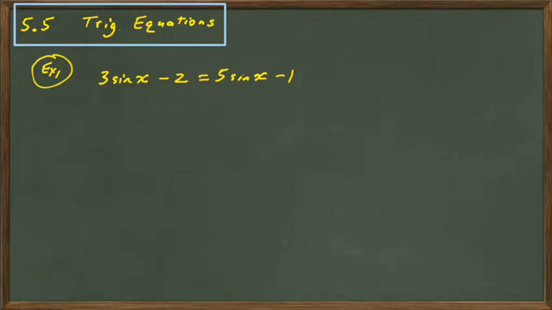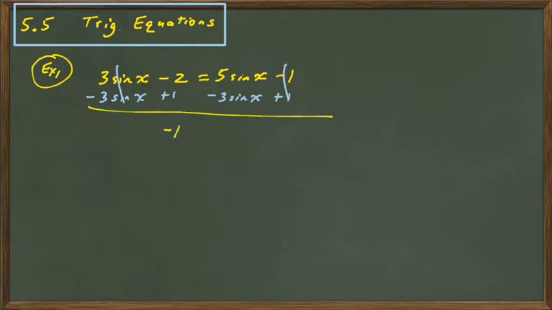Here in example 1, they just give us an equation and ask us to solve. So I might bring all of my sine of x's onto the same side and move all my constants to the other side. So I end up with -1 equals 2 sine x.